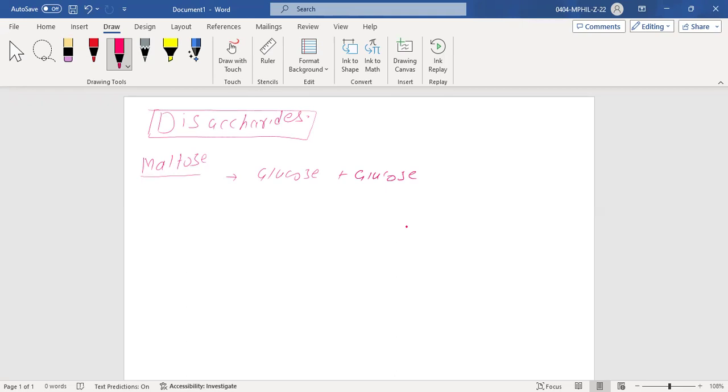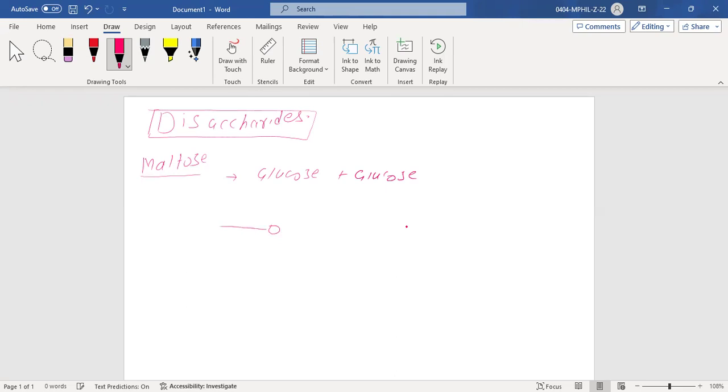Definitely, it is not part of monosaccharides because monosaccharides have only one molecule of sugar, that may be glucose or galactose, and we discussed a few examples in monosaccharides. So in this case, for example, you have two glucose.